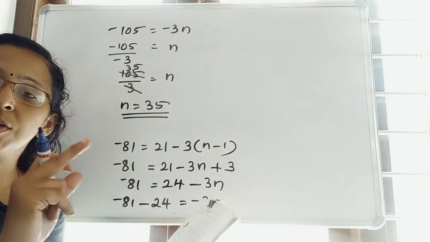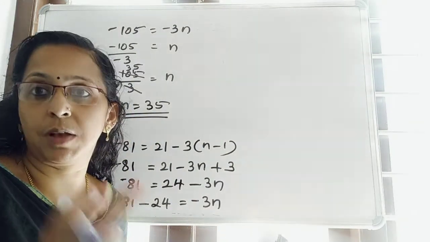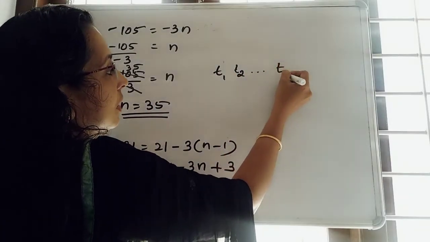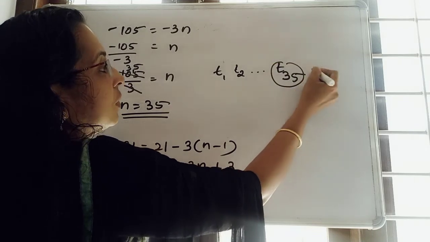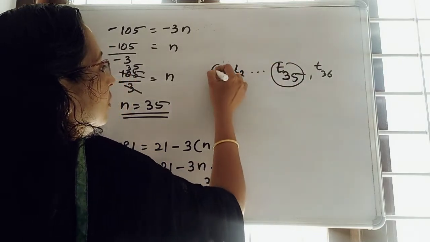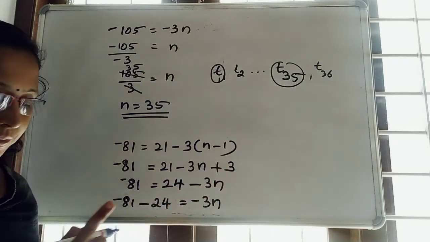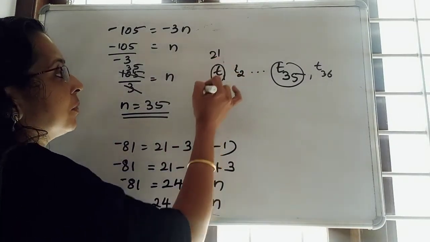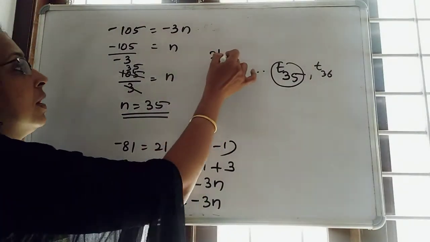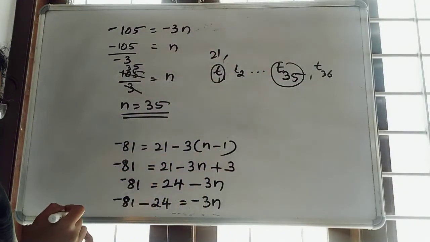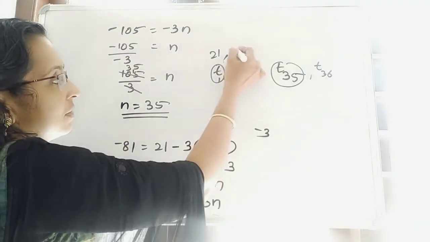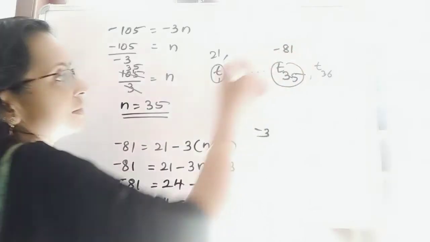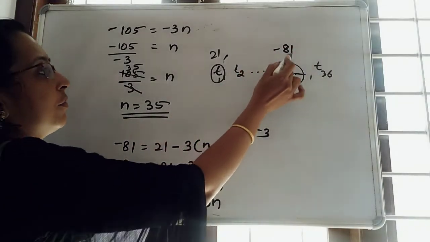So T35 will be negative 81. Here T1 is A, which we got as 21. T2 comes with the common difference, negative 3. This T35 will be negative 81. That is our question, first part.